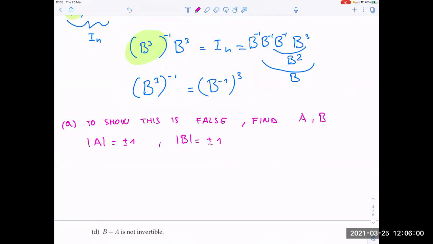Remember, the determinant you can also write with these vertical bars, and determinant of A plus B different from 2. If you cannot find them, well, then option A is correct. So I ask you, can you find two matrices having this property such that their determinant is plus or minus 1, and when you sum them, you get something of determinant different from 2? My suggestion is go for small matrices, 2 by 2.